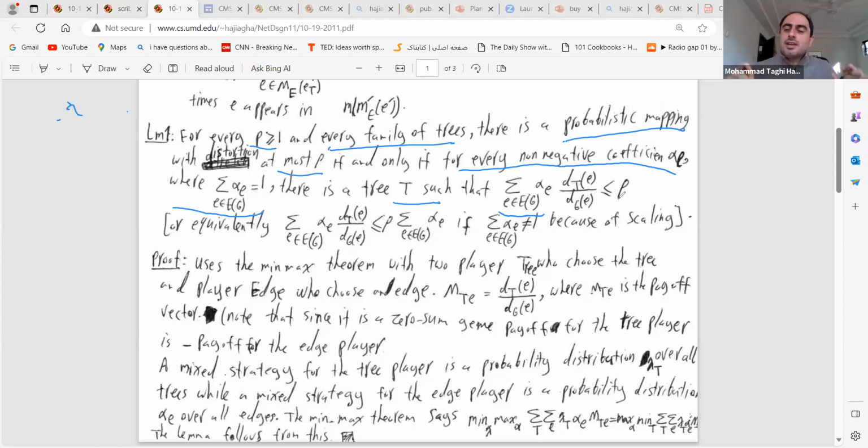As I mentioned, there is a correspondence between distance and capacity: distance is equal to 1 over capacity.